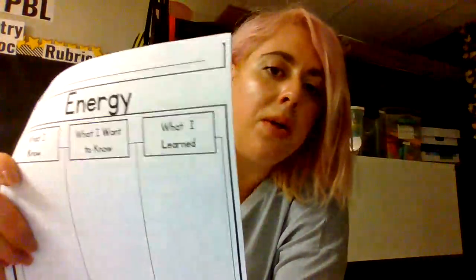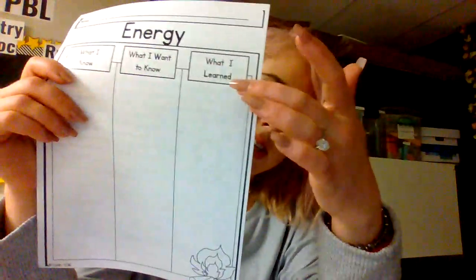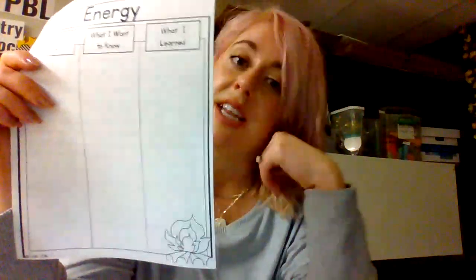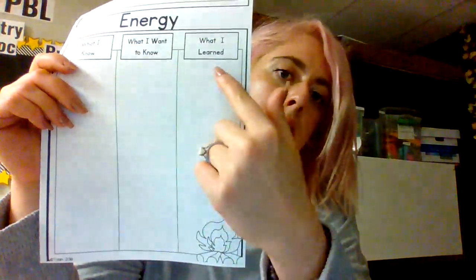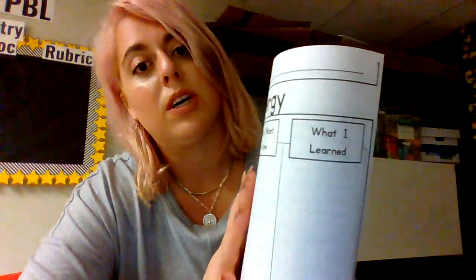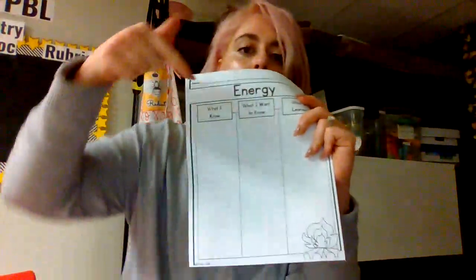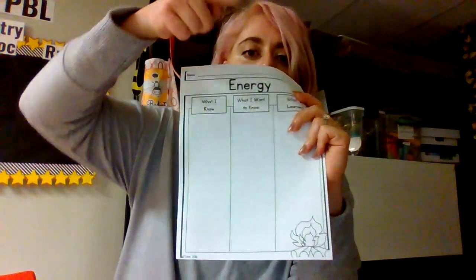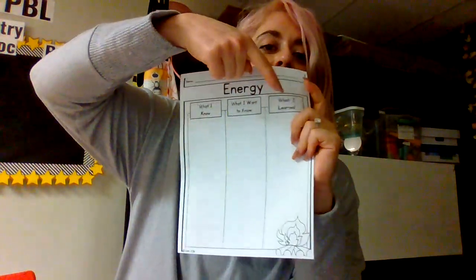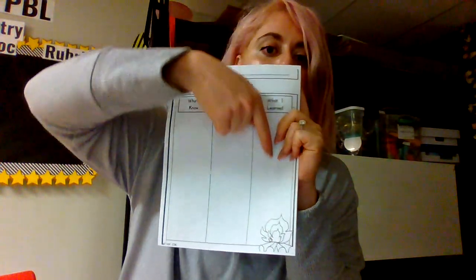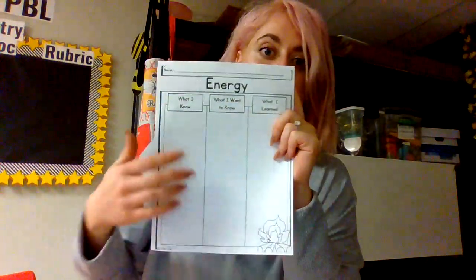And then L is what we learned. So we'll come back at the end of today and fill in the different things that we learned, maybe answers to these questions, or maybe new things that we didn't even know that we were going to learn. So again, what you know, what you want to know, and then at the end you come back and fill in what you have learned about energy.